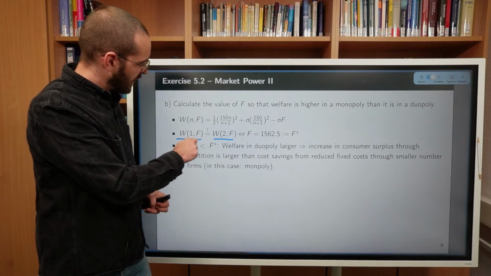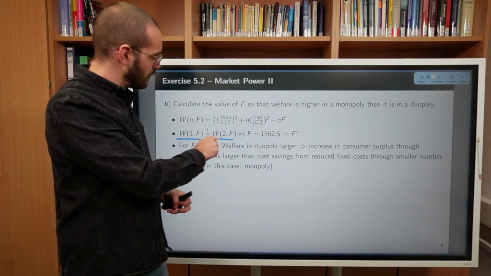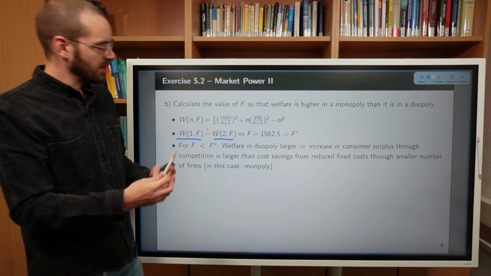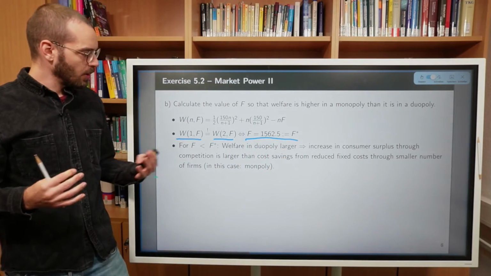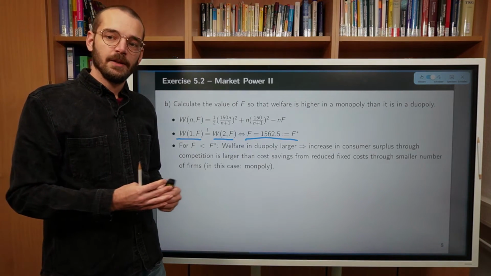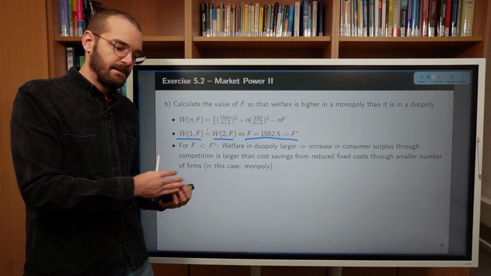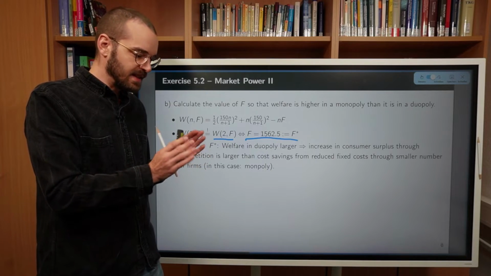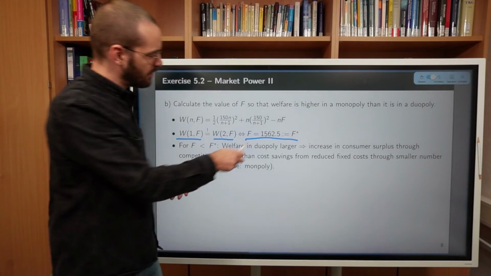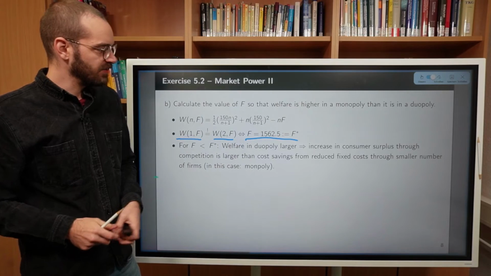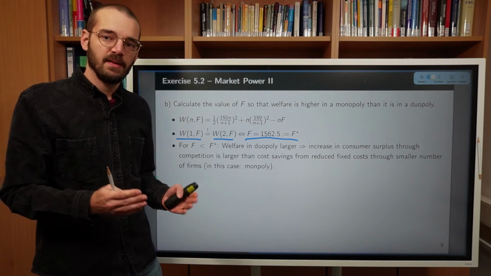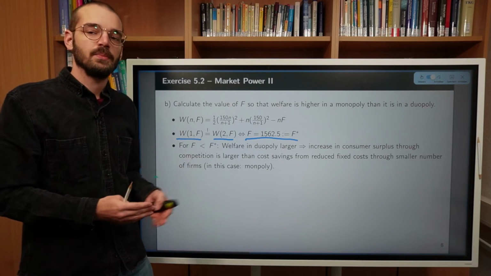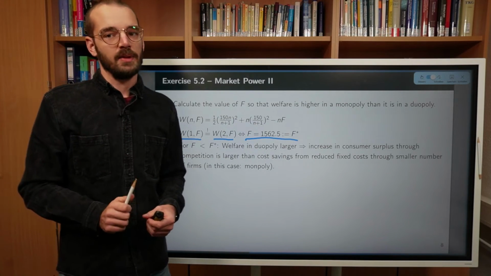So, by setting these two functions equal and solving for F, we can find that the welfare in the monopoly and in duopoly is exactly equal if the fixed costs take a value of 1562.5. So this is the intersection of these two functions. This is the point where welfare is exactly equal.